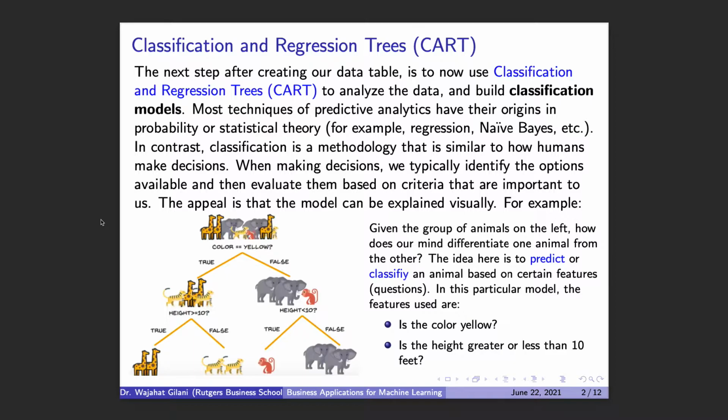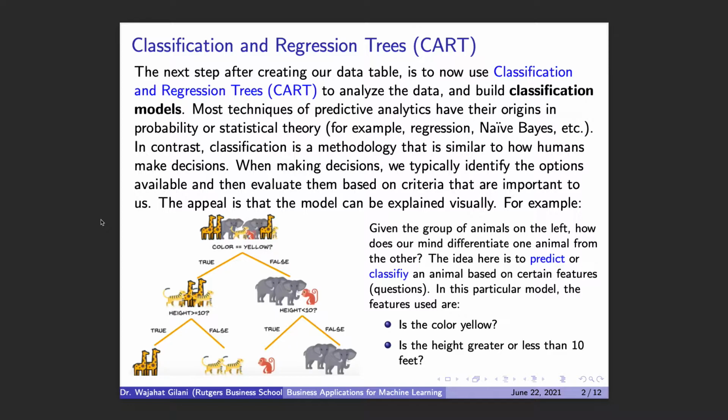When we make decisions, for example, here we have an example where we want to identify an animal, a particular animal, if you look at the picture on the left. When we identify an animal, we basically look at the features of the animals in our brain, and then based on these features, we make a distinction.